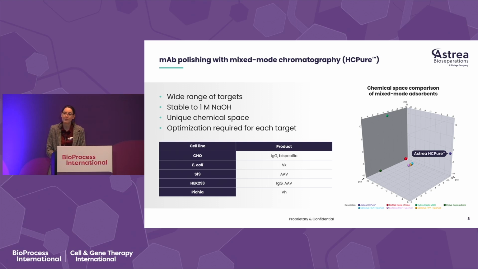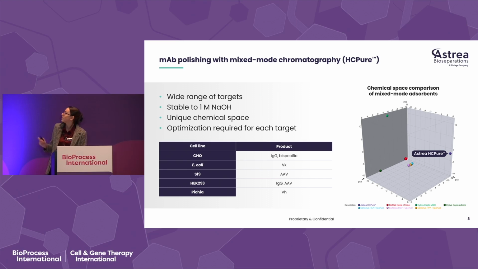HC Pure is a mixed mode adsorbent on our Pura bead resin. It has a very unique selectivity due to the unique chemical space that it holds. This diagram here is a principal component plot that plots similarities in the structural groups on ligands, which then infers differences in the chemical space.